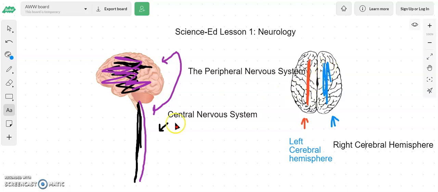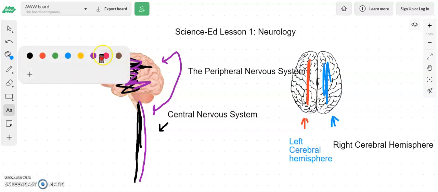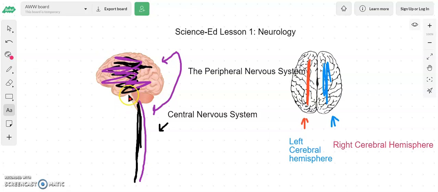So now we are going to talk about the small thing under here. This right here is called the brainstem.